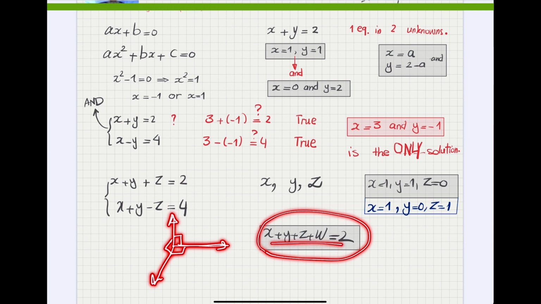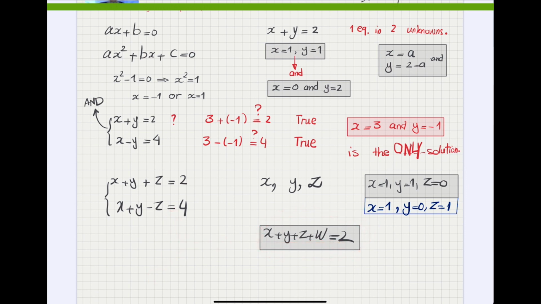Who cares? Even if I ran out of English alphabet, I can index them. This is why, if the number of unknowns is so big, instead of writing x, y, z, w, they write x1, x2, x3, x4. You can continue to x1 million. So it doesn't have any limitation, equals to 2. How many degrees of freedom do I have?